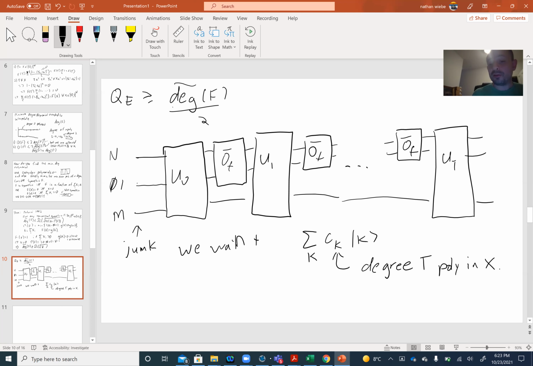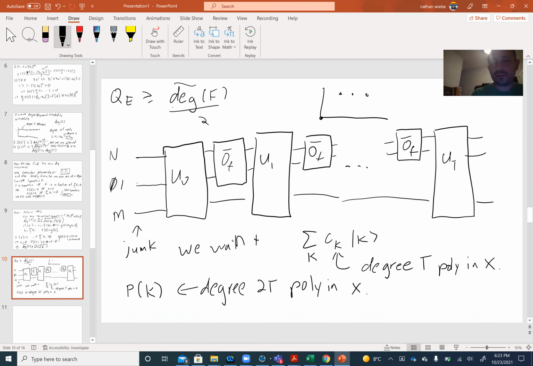And the reason why we want to do this is that the probability of k then is a degree 2t polynomial in X.